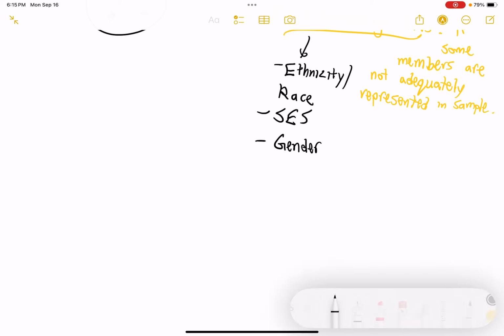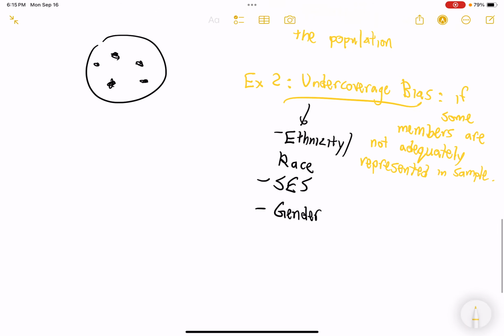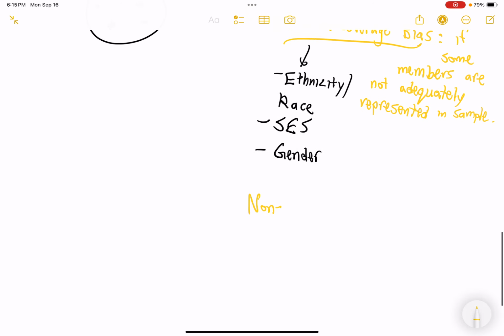The final one I want to talk about really quickly is non-response bias. And this will happen all the time. You really can't avoid non-response bias. Some people won't answer. It's just a fact, right?